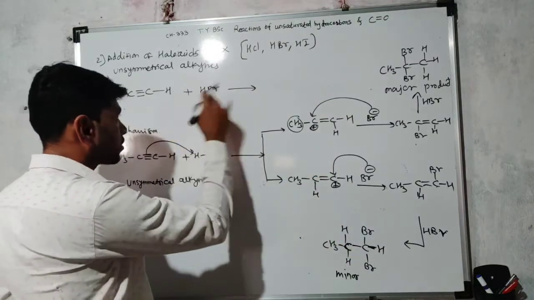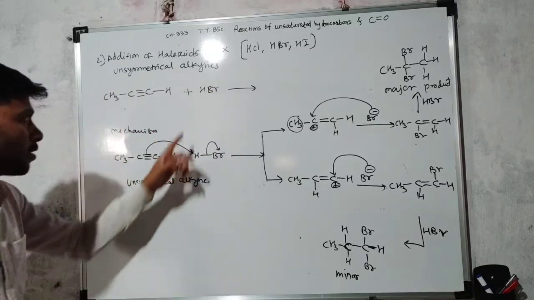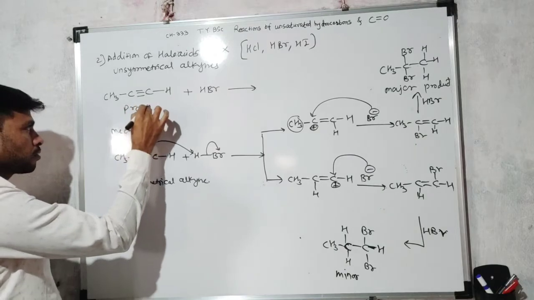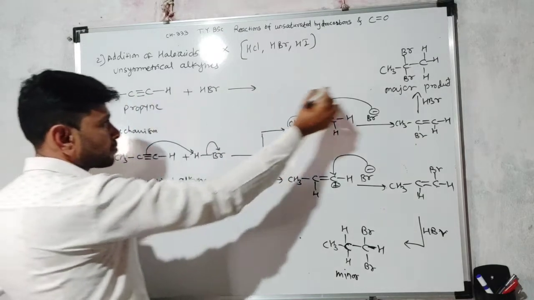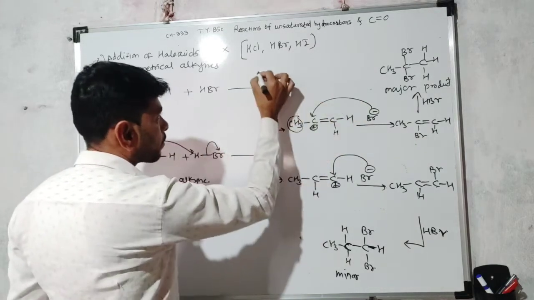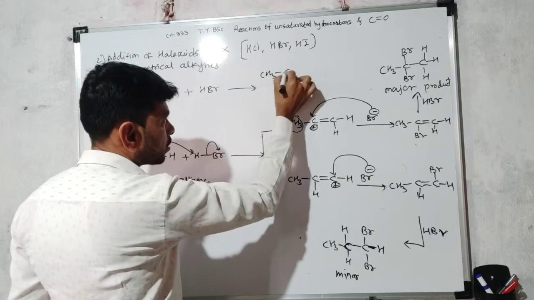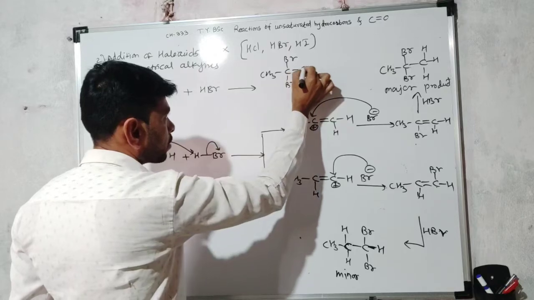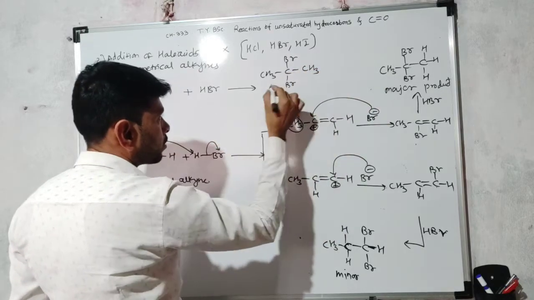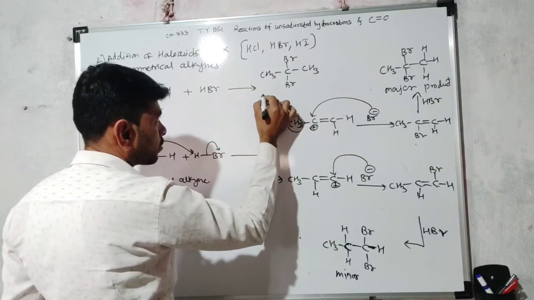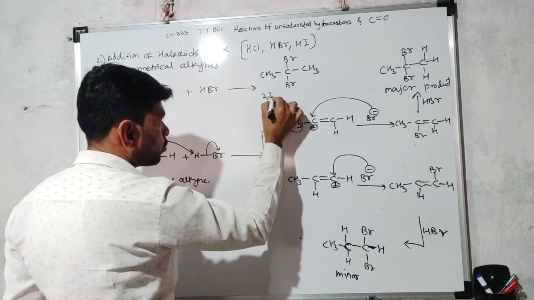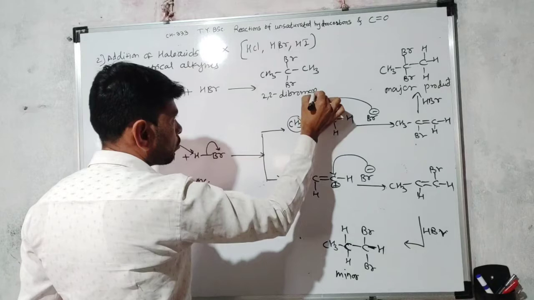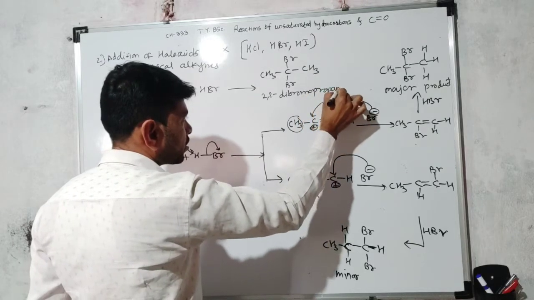So in the general reaction we can write, propyne reacts with HBr to obtain CH3 C Br CH3, 2,2-dibromopropane, as the major product.